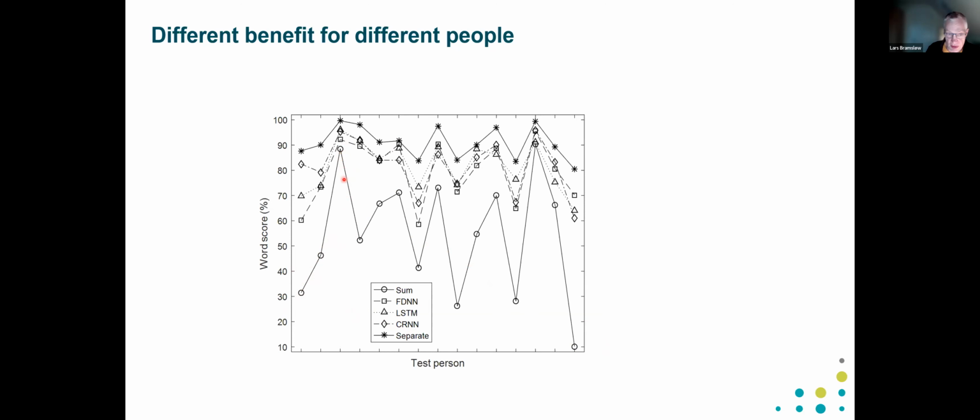And it's very logical that if you have very good performance, you don't really need a system like this. So there's little room for improvement. But if you have very poor performance, like some of these over to the right, there's a big room for improvement, and you can get really high benefits for the user.